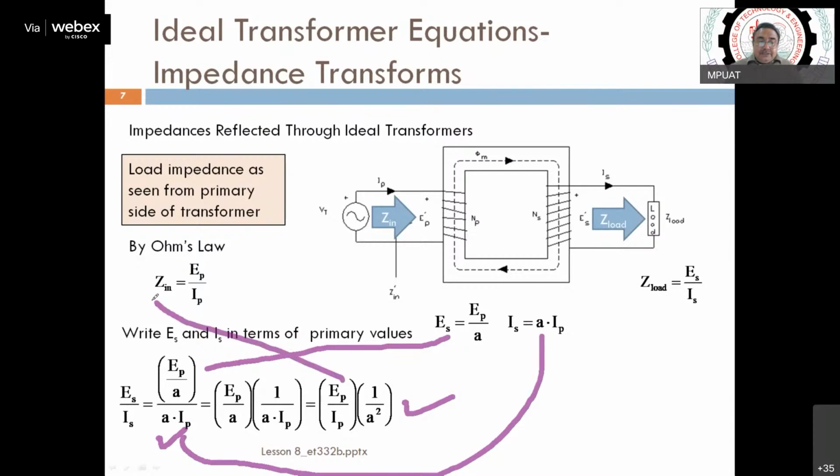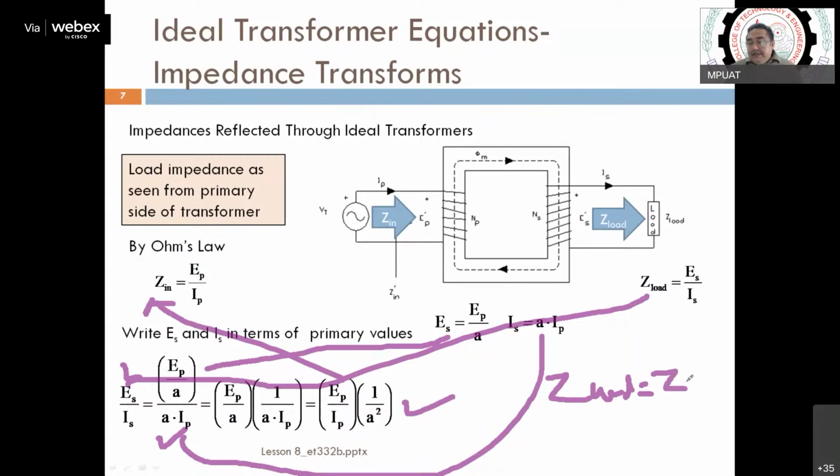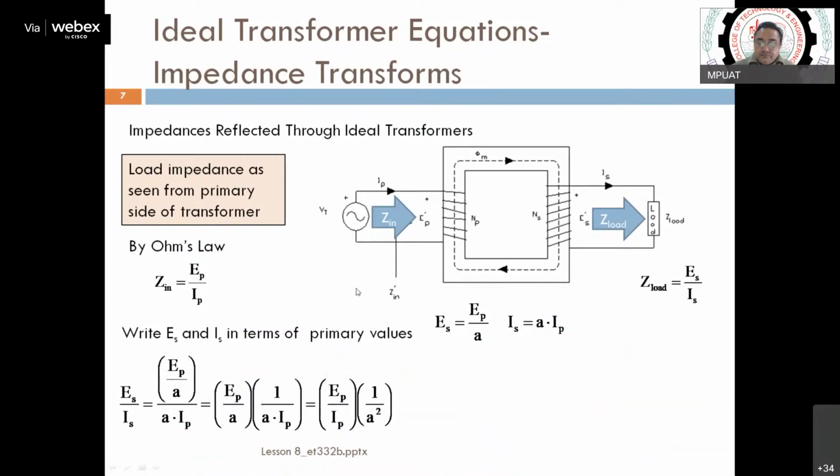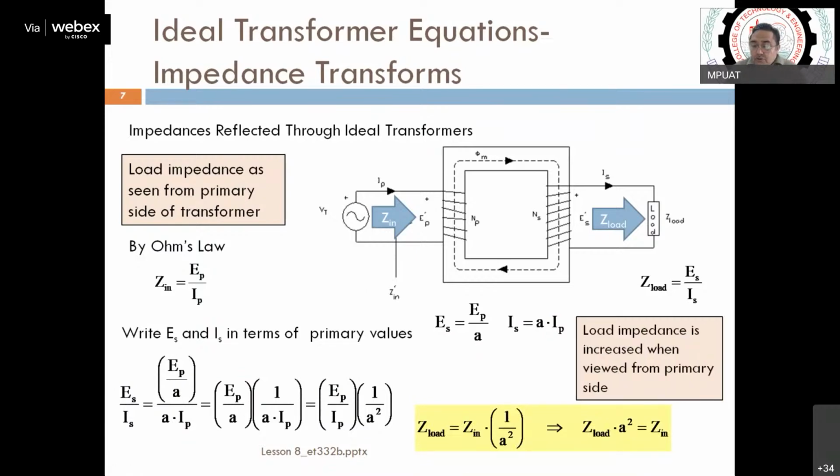And what is EP over IP? This is nothing but Z input. And what is ES over IS? This is Z load. So the conclusion is that Z load in terms of primary impedance can be expressed as Z input upon A square, that is turn ratio square. So Z load is equal to Z input times 1 upon A square, or Z load into A square is equal to Z input.